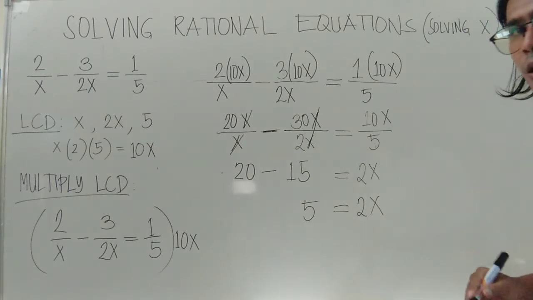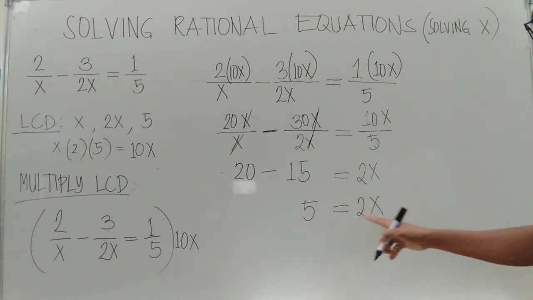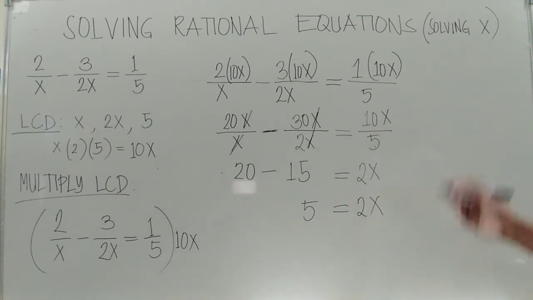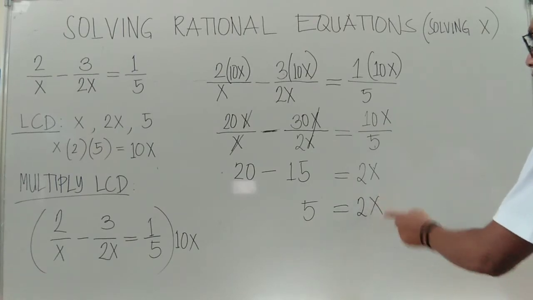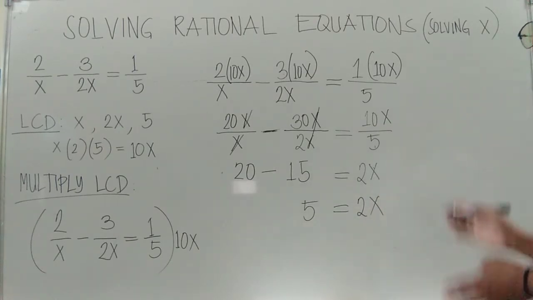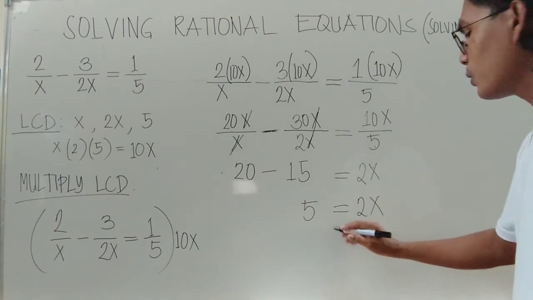Okay? So we have arrived at 5 equals 2x. When you are solving equations or solving for x, it means to isolate your x on one side of your equation. X alone.